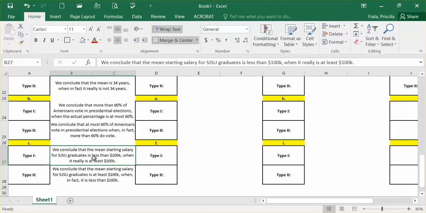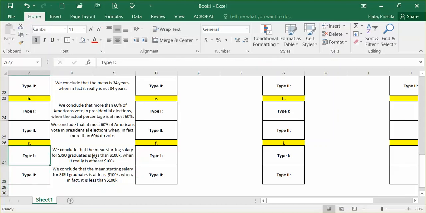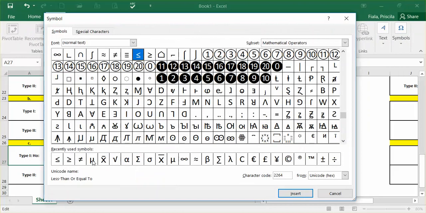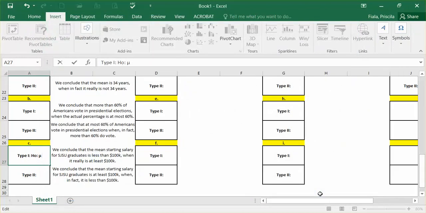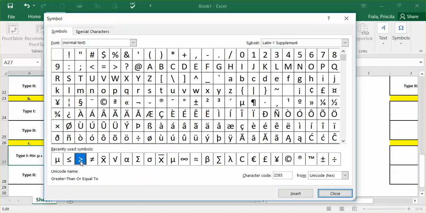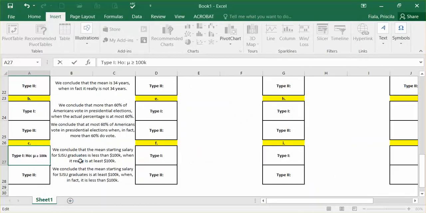Type 1. And another way for you to also, in this case, we're saying that the starting salary for SJSU graduates is less than 100K. Therefore, your null hypothesis is going to be that the mean is at least 100K.